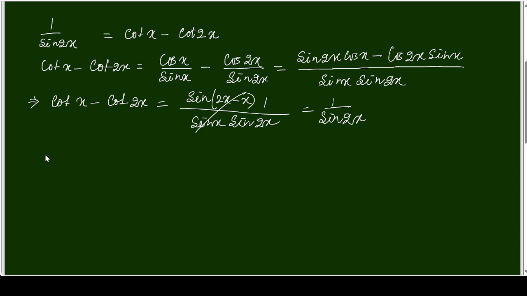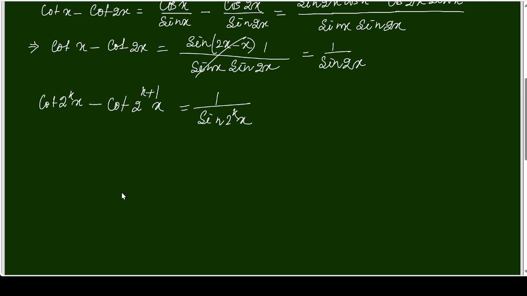So I am writing cot 2 power k x minus cot 2 power k plus 1 x equals 1 over sine 2 power k plus 1 x. You can also verify with the same formula that I have applied here.